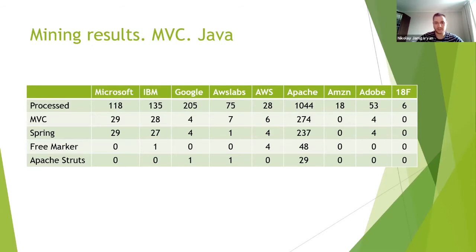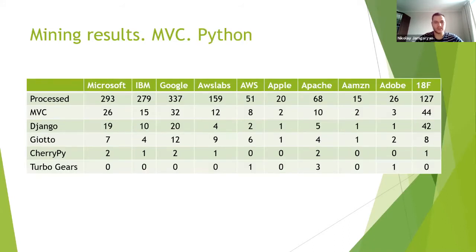On the other hand, you can see that other companies apply MVC not so much. Here we can see a smoother application of MVC, from 5% to 10% of almost all companies consist this style.